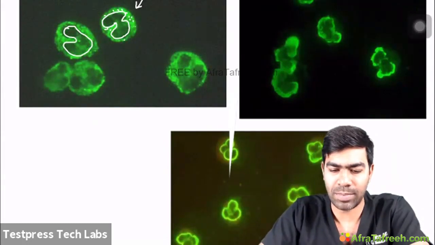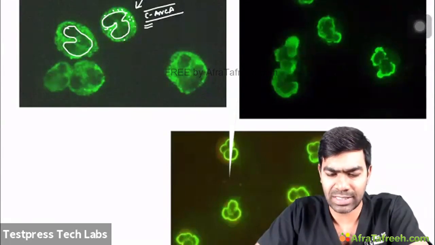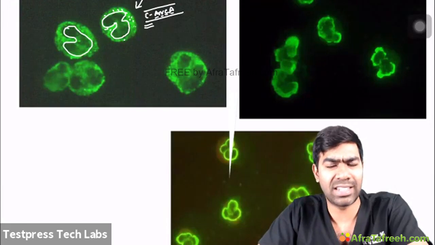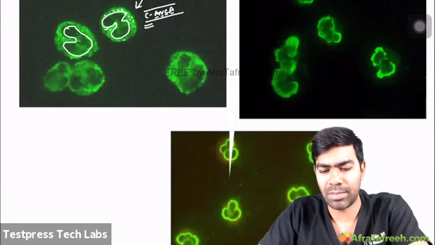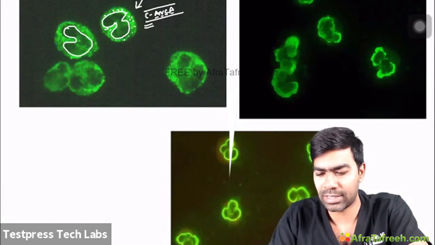So this is typical of a cytoplasmic anti-neutrophil cytoplasmic antibody. The name itself tells it's cytoplasmic; they didn't tell it's an anti-PR3 antibody. They just told it's a cytoplasmic staining. Because this antibody is directed against the cytoplasmic components, we are calling it a cytoplasmic ANCA.